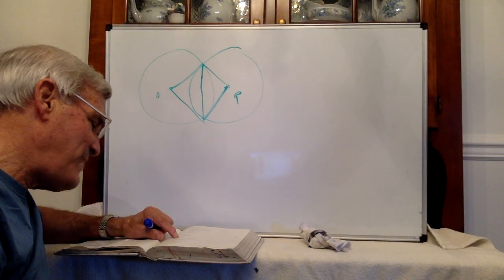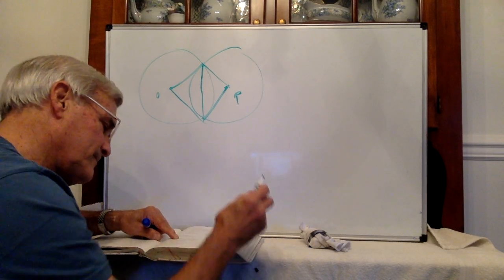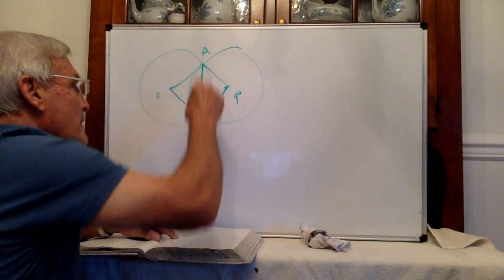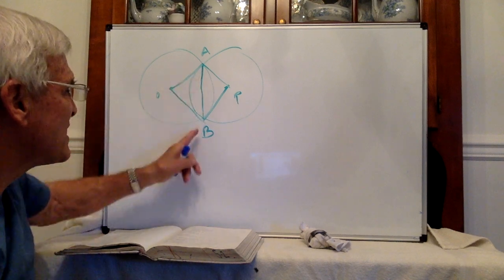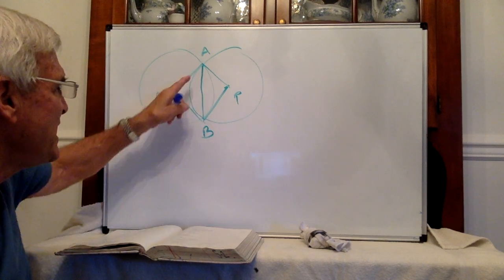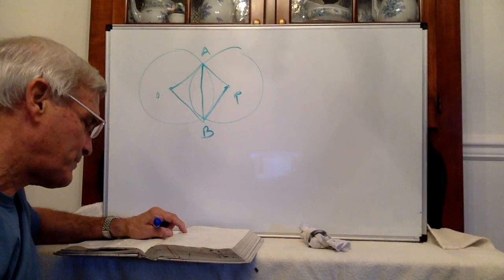They told you that AB bisects angle OAP, so this segment bisects this angle OAP, and it bisects angle OBP.